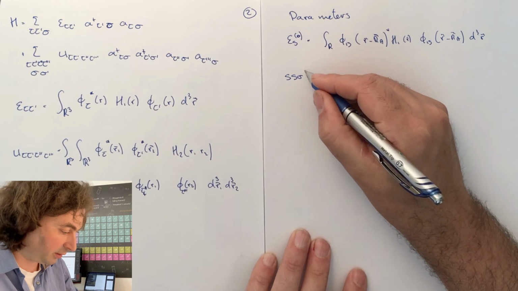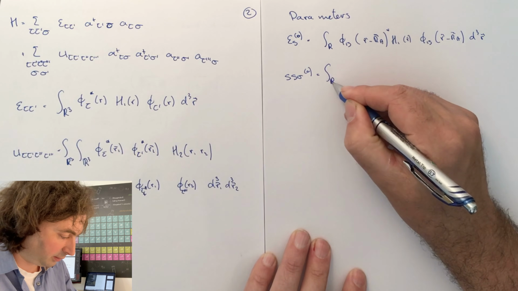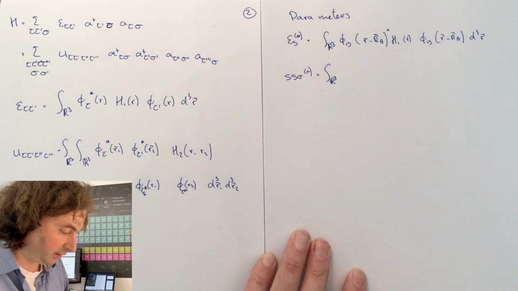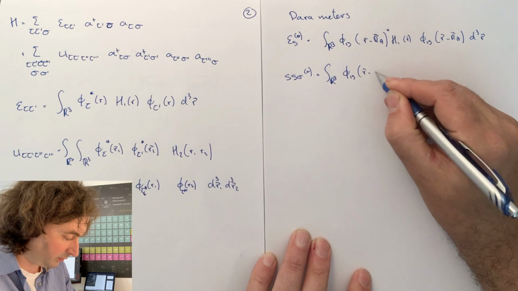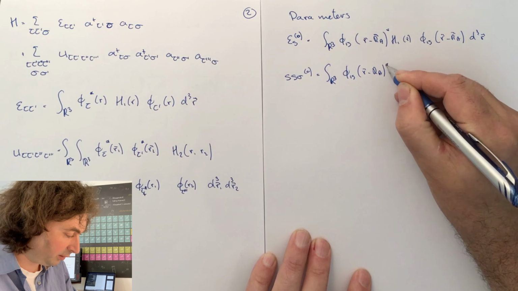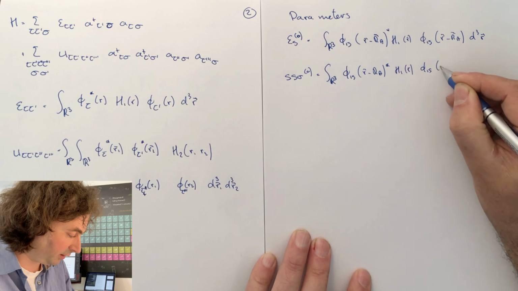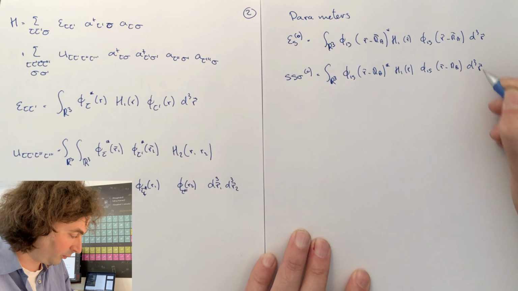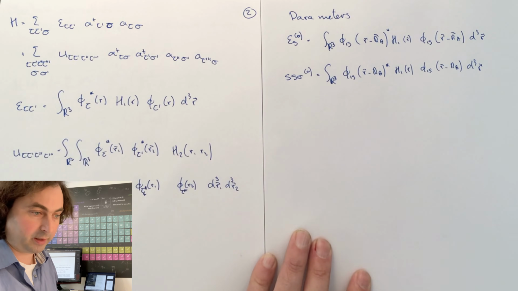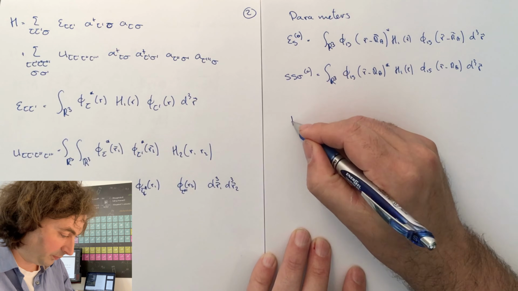And then we have our hopping integral, again given by the three-dimensional integral, where we now go from the wave function centered around site A to the wave function centered around B. And of course you can switch around B and A here and still have the same integral.